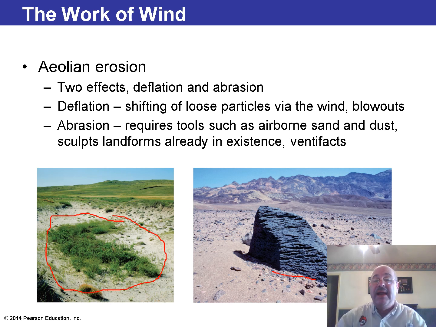Ventifacts. Now, and we'll get into this a little more, but if something has been sitting there, it actually builds up a glaze on it, okay? And they can use that glaze to try and date rocks. But, as I've said before, what do we know about dating? Let's say that rock has a glaze on it. Great. And then somebody kicks the rock and flips it over. And then the glaze starts to build up on the other side of the rock.